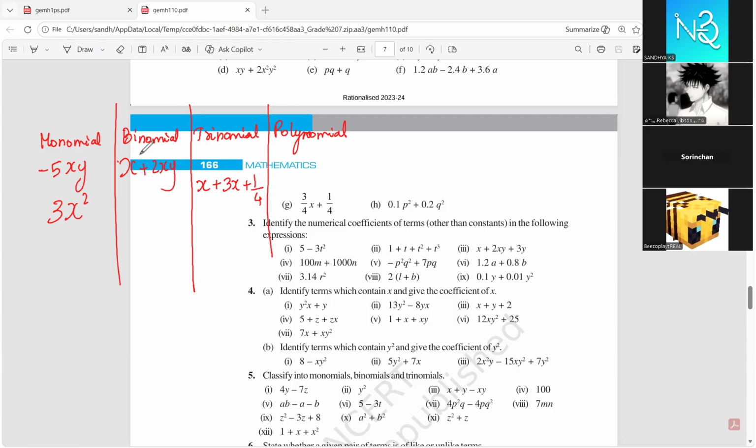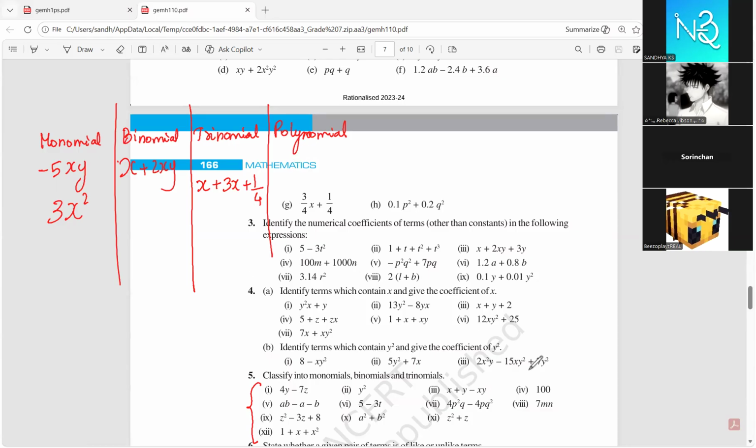Understood what is monomial, binomial, and trinomial? Okay, so you have this set of questions. Write like this: monomial, binomial, trinomial, and polynomial. Polynomial means anything other than monomial, binomial, trinomial, that has more than three terms; write it under polynomial.